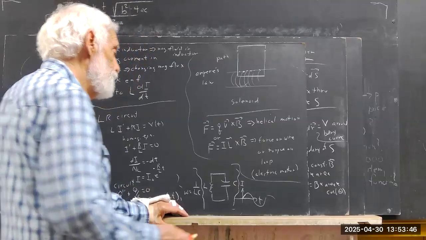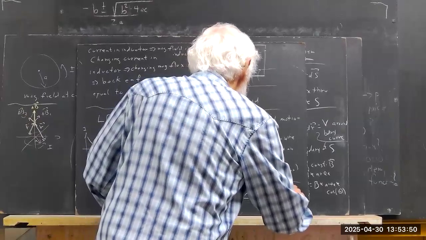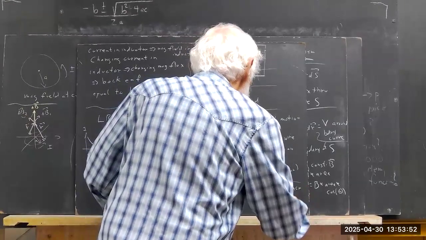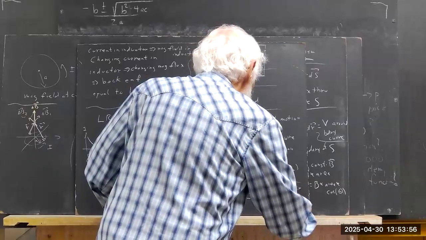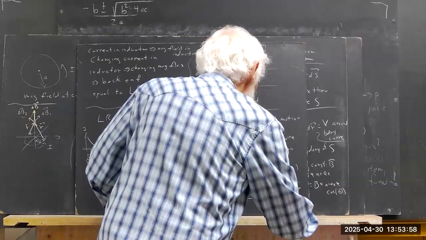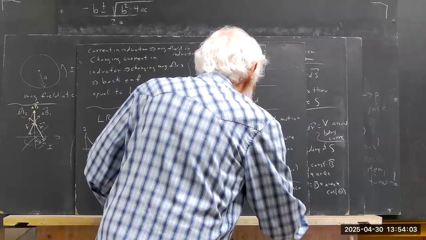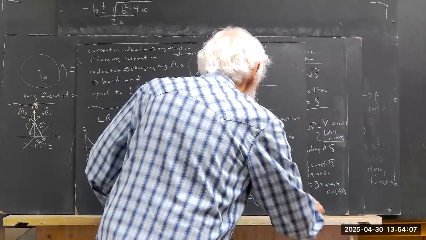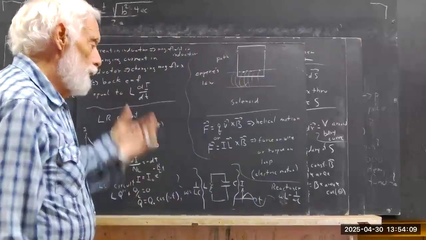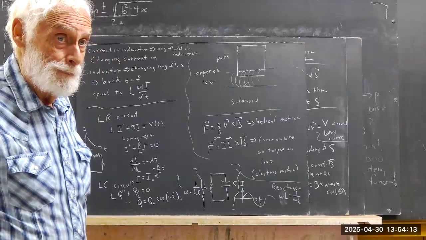So you get the reactance omega L minus 1 over omega C that we talked about last time.